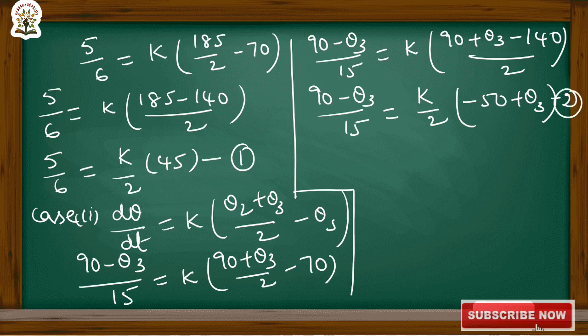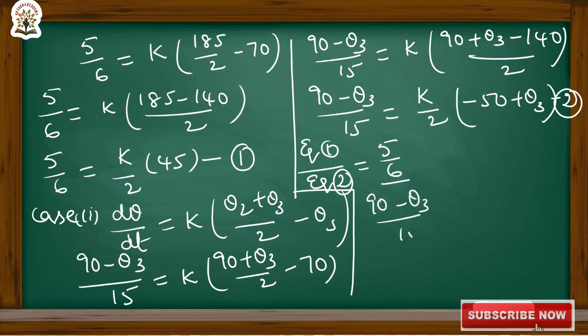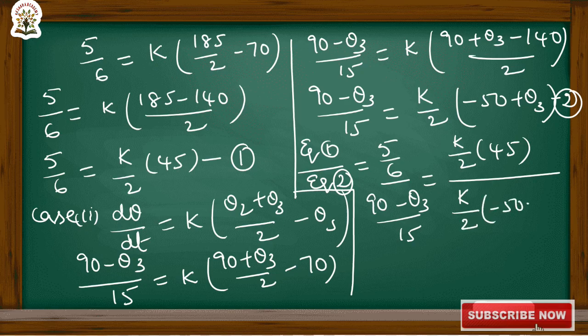Equation 1 by equation 2. We get equation 1 by equation 2: 5 by 6 by (90 minus theta 3) by 15 is equal to k by 2 of 45 divided by k by 2 of (minus 50 plus theta 3).